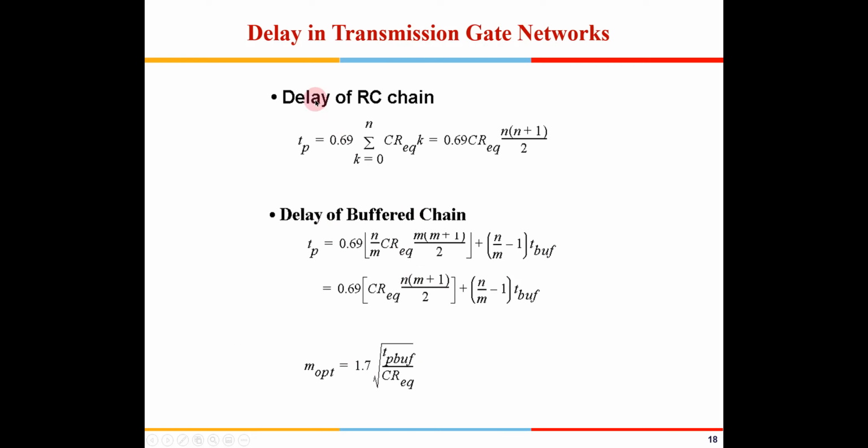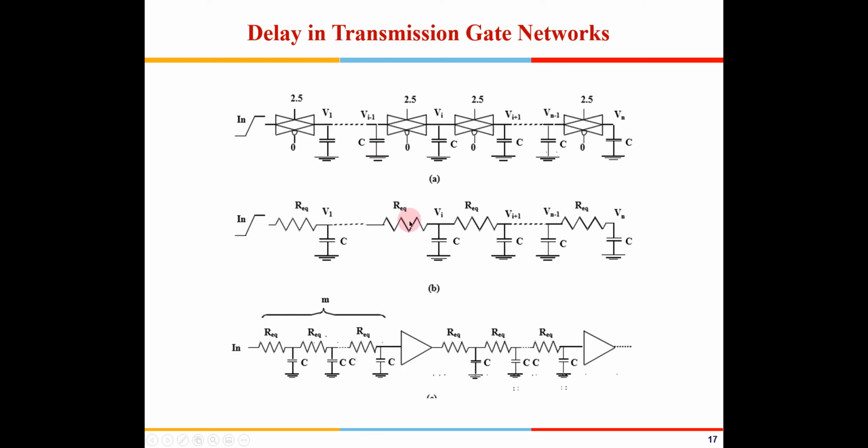If it is just a chain of RC, then assume that all the R equivalents and all the values of RC are the same. A buffer is two inverters cascaded one after the other.